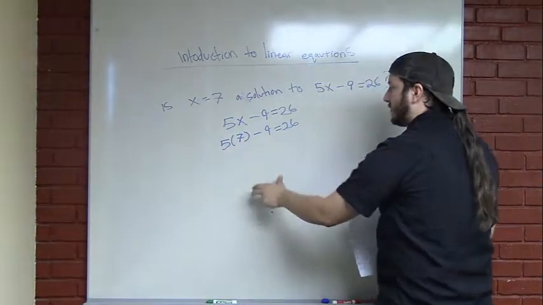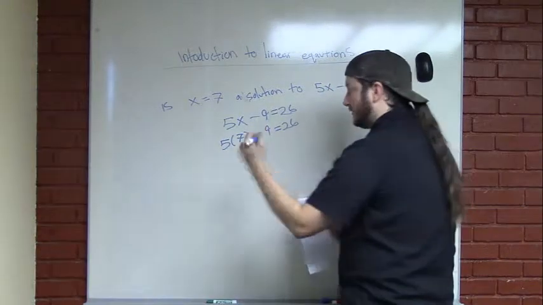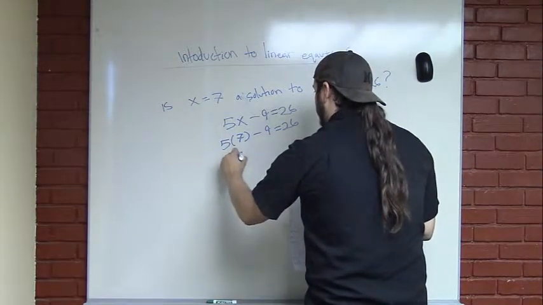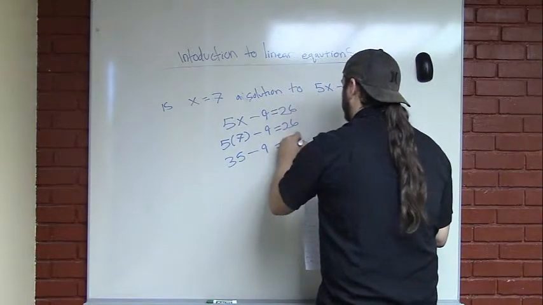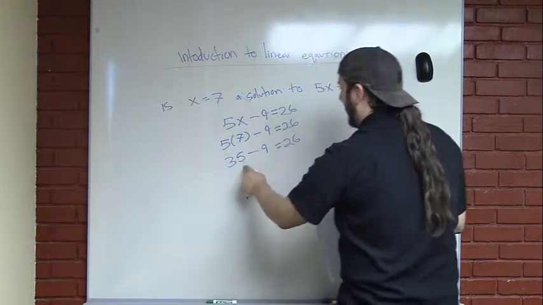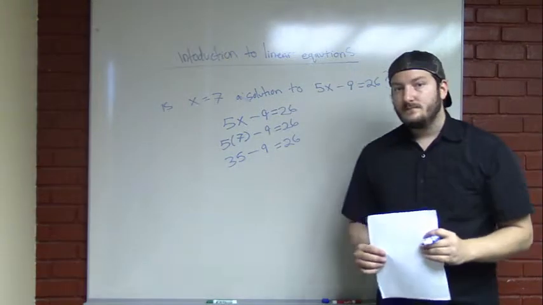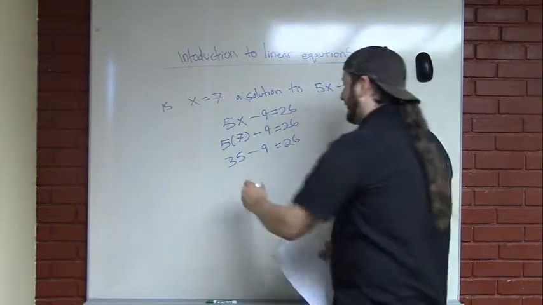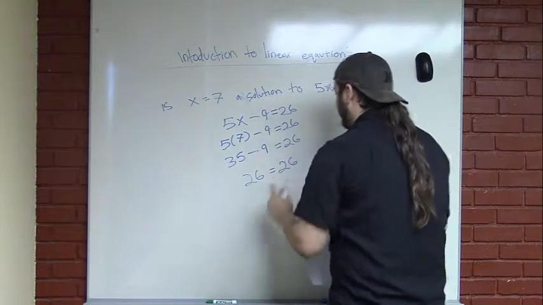So now you just work the problem down. 5 times 7 is 35, minus 9 equals 26. We just carry this along. Now what is 35 minus 9? Is 26. So we have 26 equals 26.